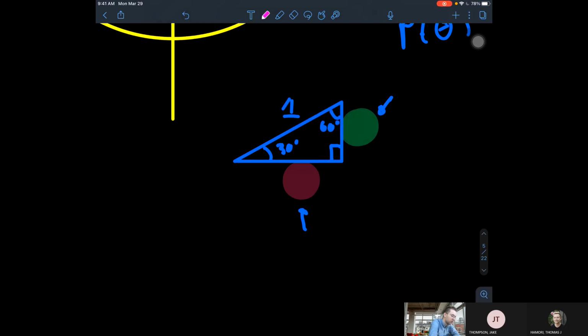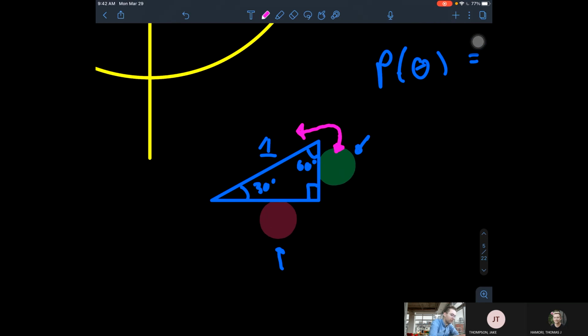What should be the relationship between the length of the side which is across from the 30-degree angle and the length of the side which is across from the 90-degree angle? Multiplication is involved.